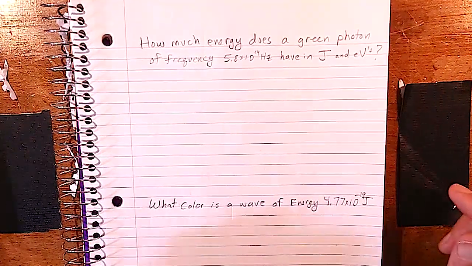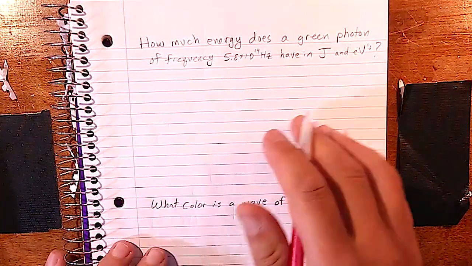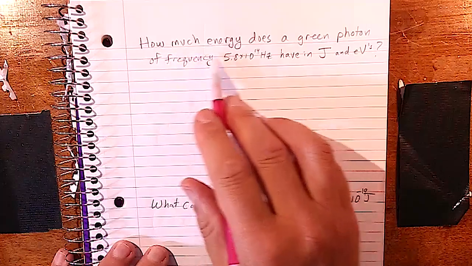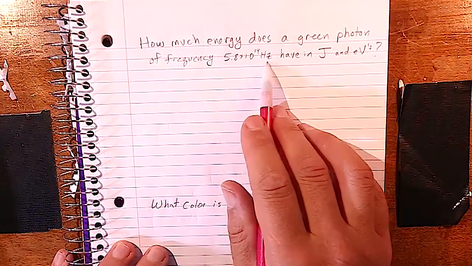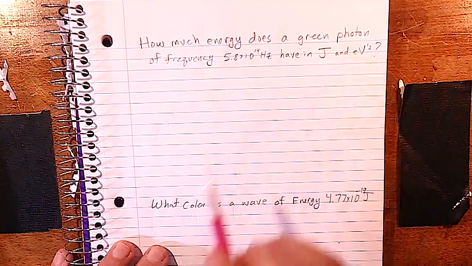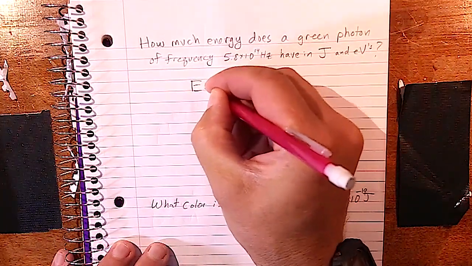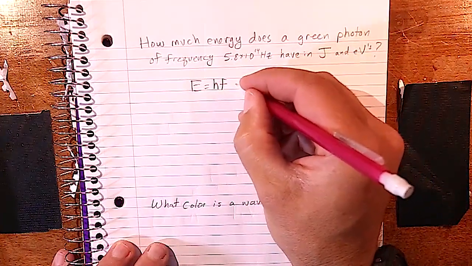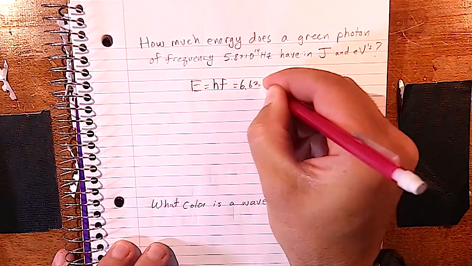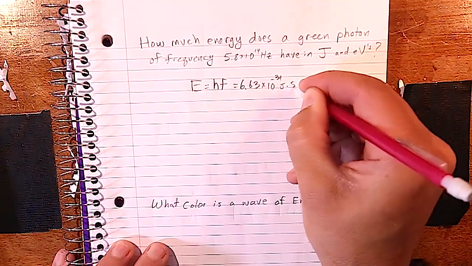So let's put some numbers in and actually do some real problems that you might get on a test. The question says, how much energy does a green photon of frequency 5.8 times 10 to the 14th hertz have in joules and eVs? The way we're going to do that is with E equals hf, and we know that h is 6.63 times 10 to the minus 34th joule seconds.